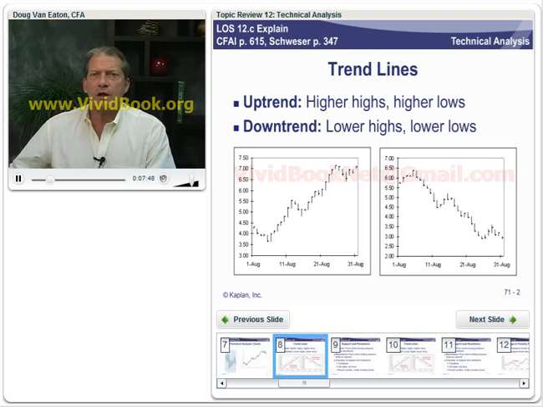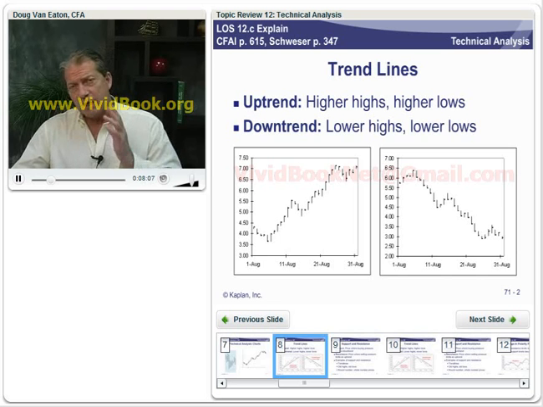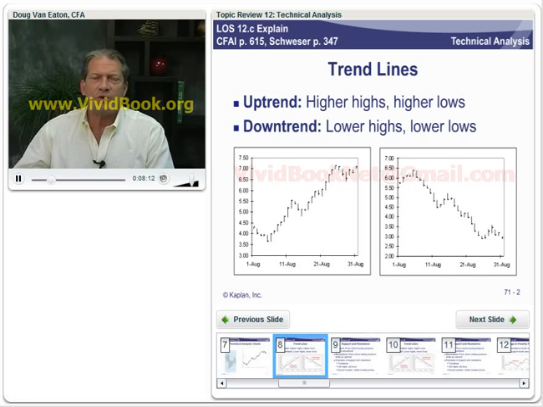On the right, we've got a downtrend, and we can use those highs there to draw the downtrend line. So these are trend lines, and the idea of looking at these trends is we have to decide if they're going to continue or if they're going to reverse. As we look at some of our other technical indicators, they are going to be confirmations or indications of reversals of a current trend.